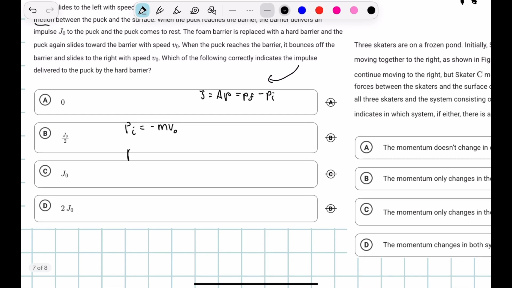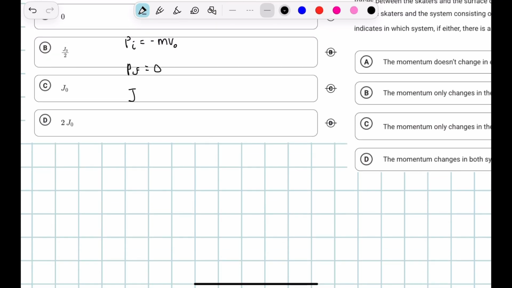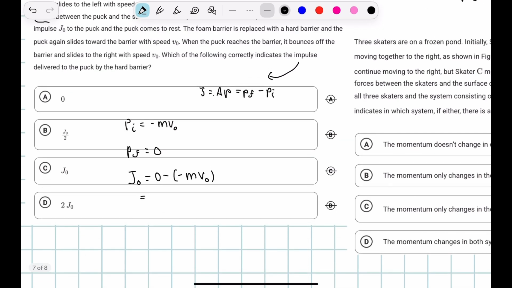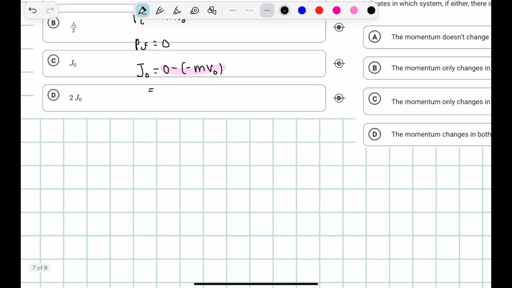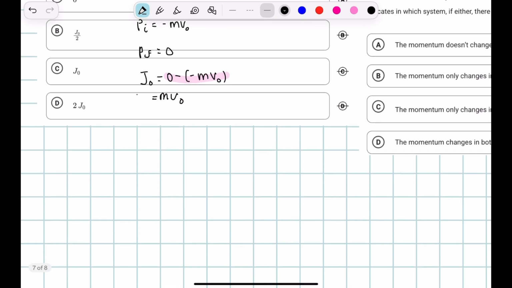The final momentum is going to be equal to 0. So the impulse, J initial, is equal to 0 minus negative m v initial, which is m v initial. So that's equal to J initial.